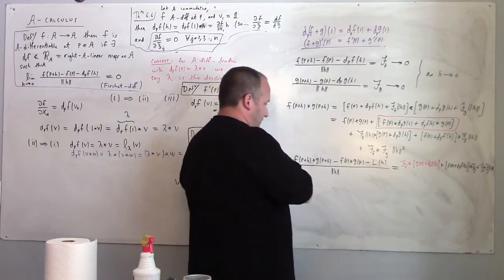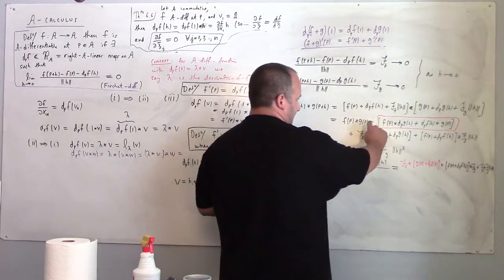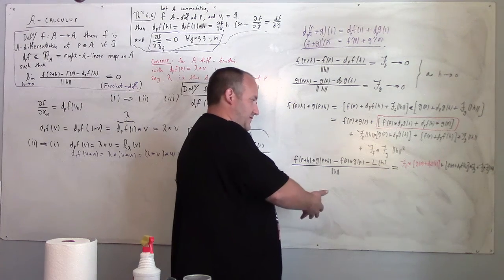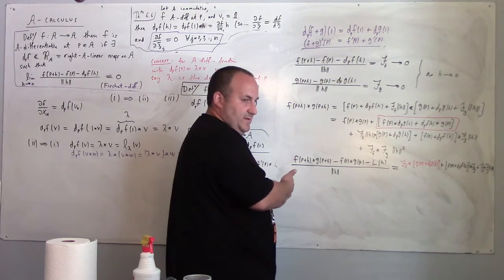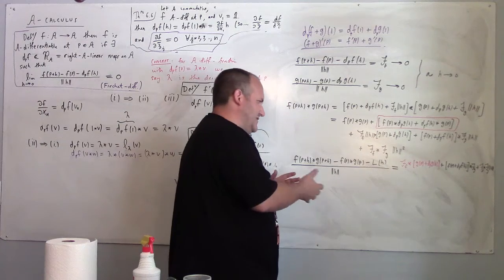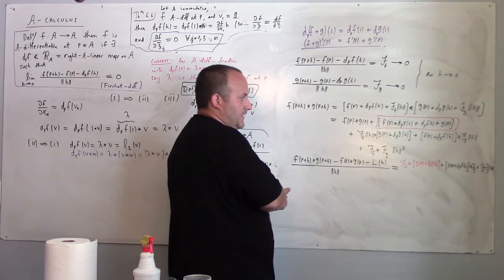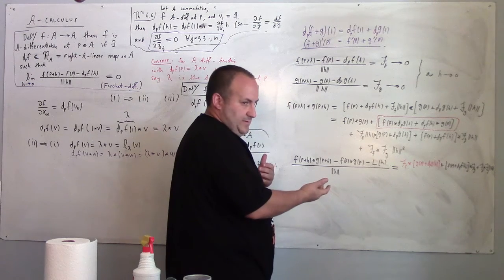So that goes to show, hooray, this L sub h is the differential of f times f star g. I guess technically I need to prove that it's real linear, okay?